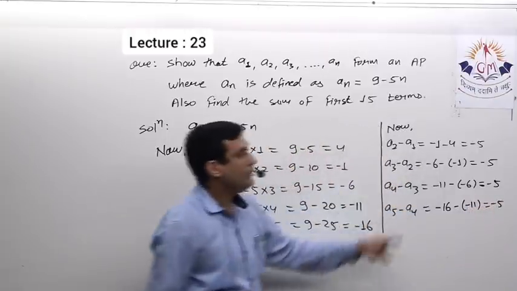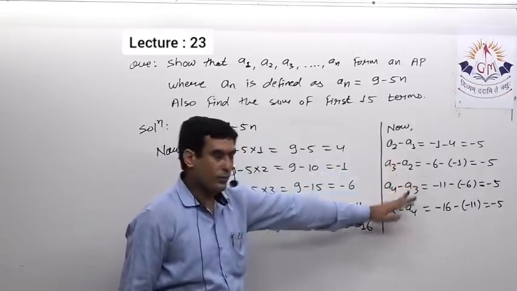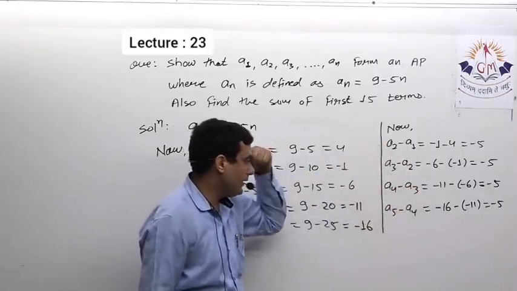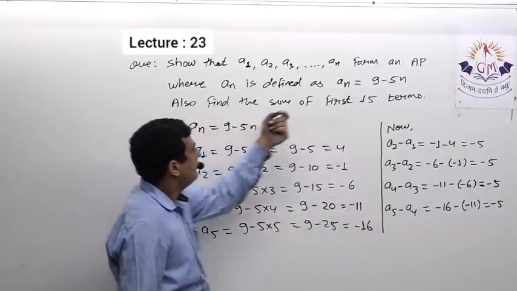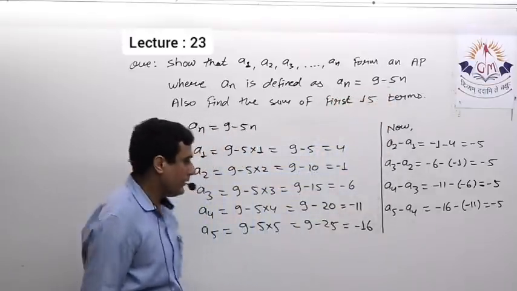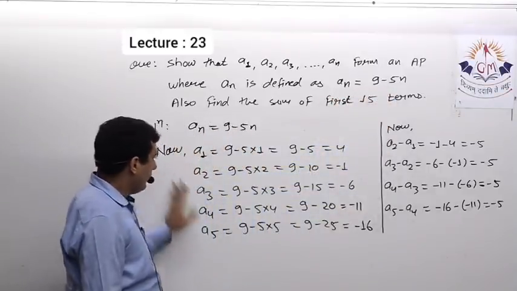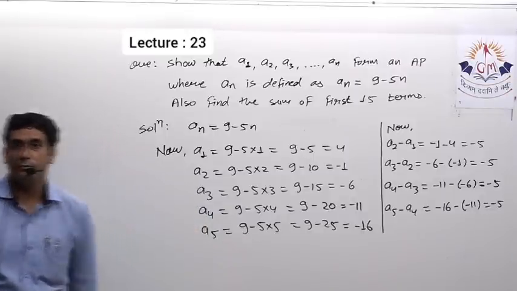So in all the cases the difference is common, the difference is constant, so definitely we can say that an equal to 9 minus 5n represents an AP. Okay, so please note it down, then I will give you the further solution.